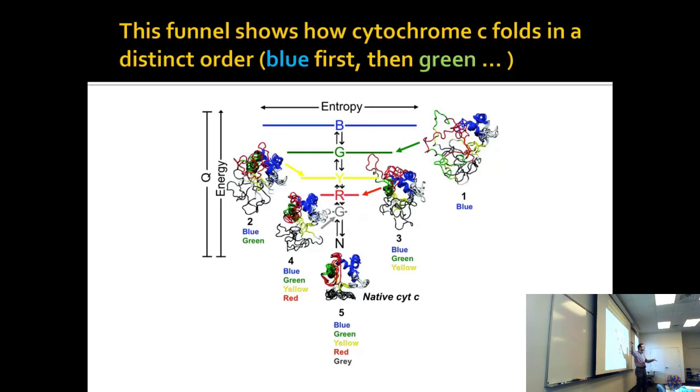The structure itself is getting narrower. And so you're forming good interactions, and at the end of it, these 4 interactions form in this order to form native cytochrome C at the very bottom of the funnel. The least entropy, but also the most stable energy, because it's forming all these good interactions to compensate for the entropy it lost.